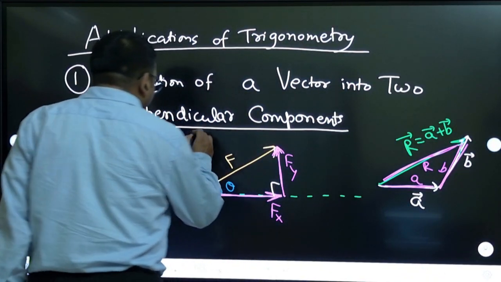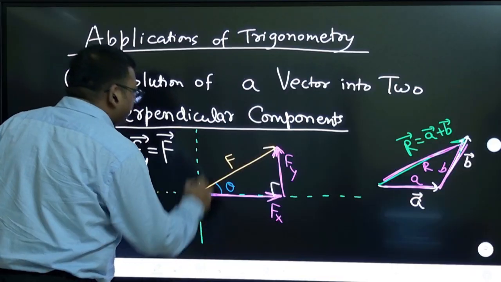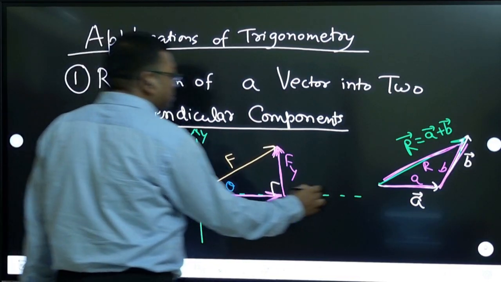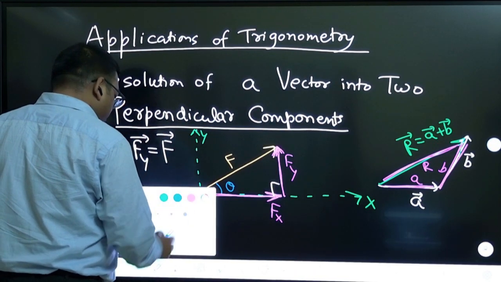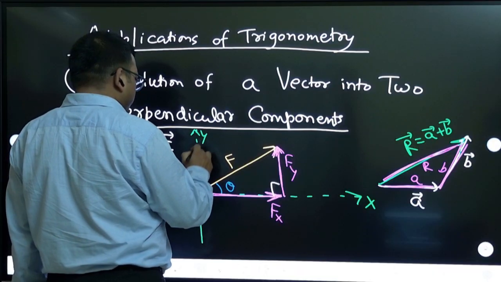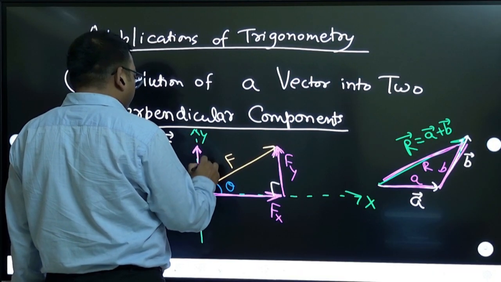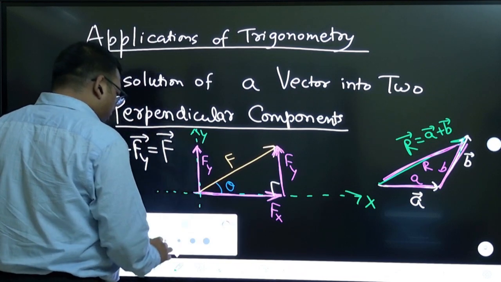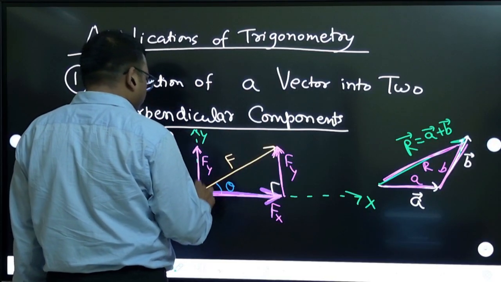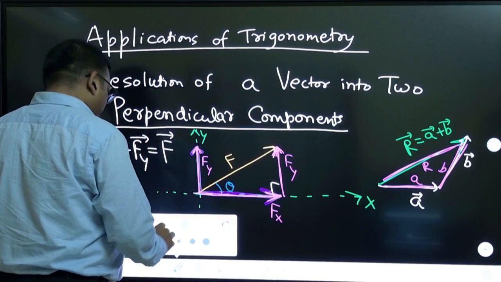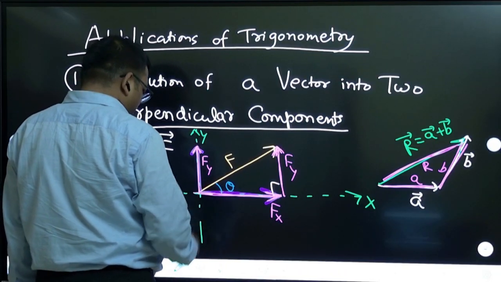So suppose I draw a parallelogram, then this is my y-axis, right, and this is my x-axis. So I can also represent this Fy like this way also, because we can slide it parallel to this. So if I focus on drawing a parallelogram, then I will consider this as the first vector, this as the second vector, and then I will join the diagonal.